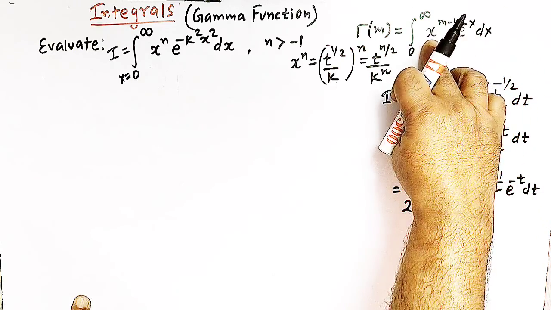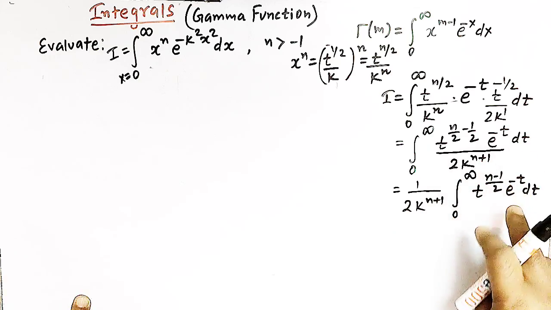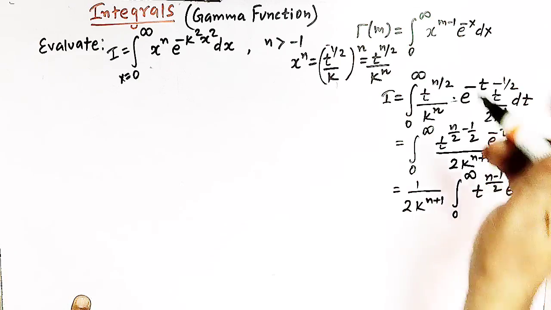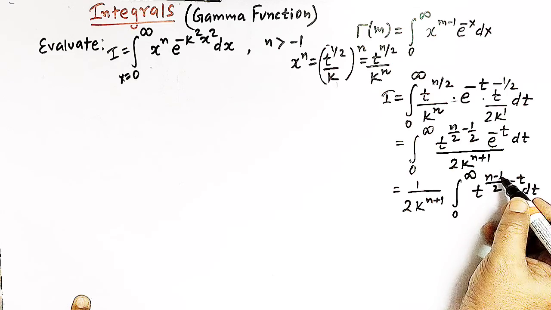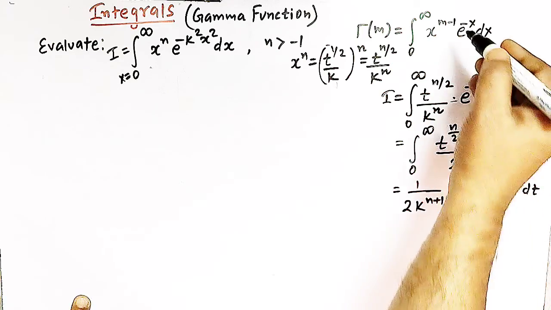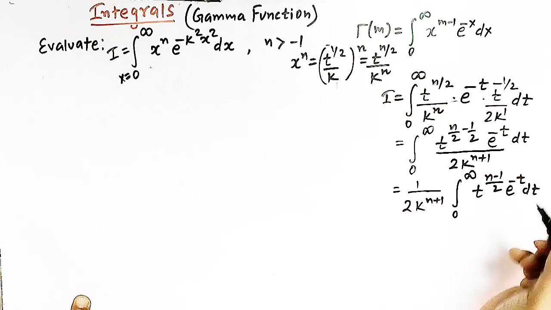Here the variable is x, and here the variable is t, and it is not going to make any difference. Here the exponent is m minus 1, and here we have (n minus 1) over 2, and here we have e raised to minus x, and here we have e raised to minus t.